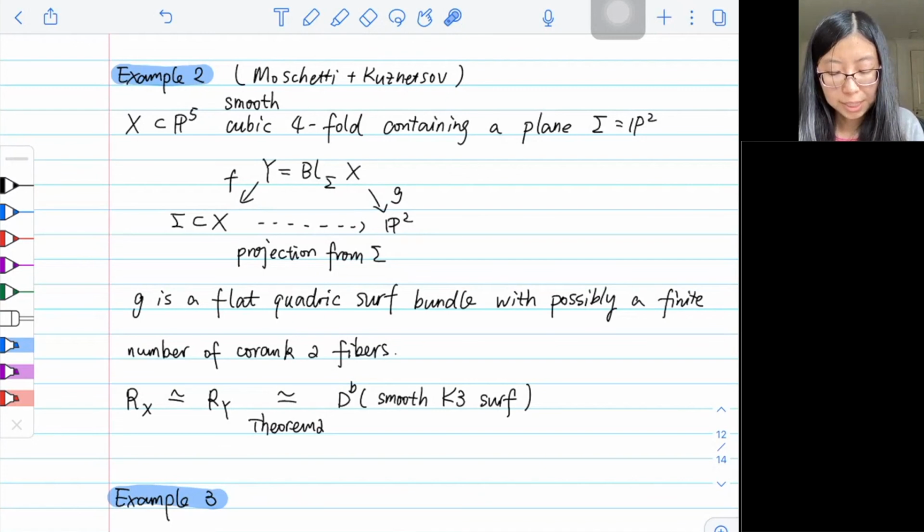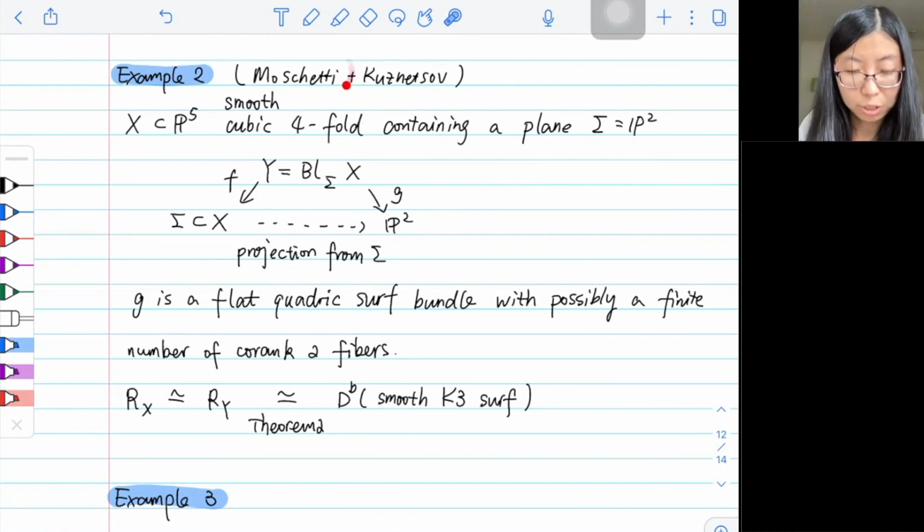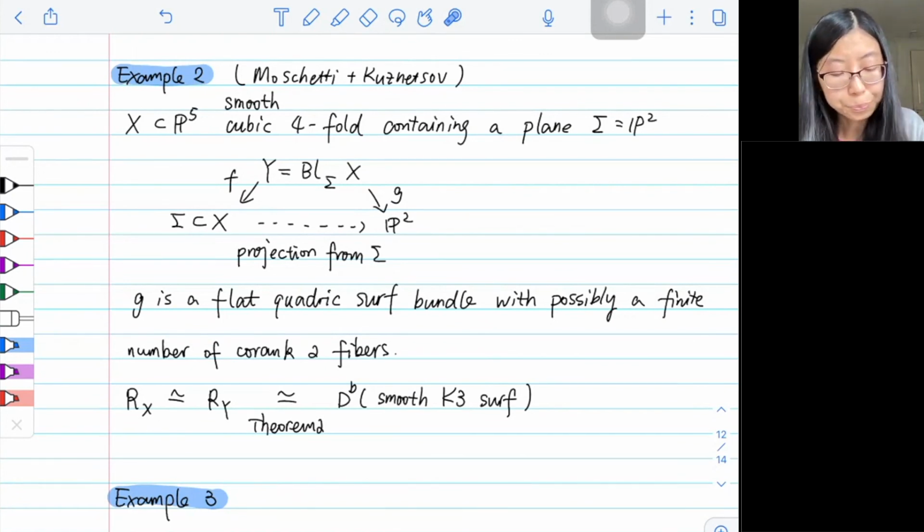For the cubic fourfold containing a plane, the residual category, which in this case is usually called the Kuznetsov component, has been described, first in the generic case by Kuznetsov, and then in the non-generic case by Macrì and Stellari. But with the result of the paper, I can also give a different proof.